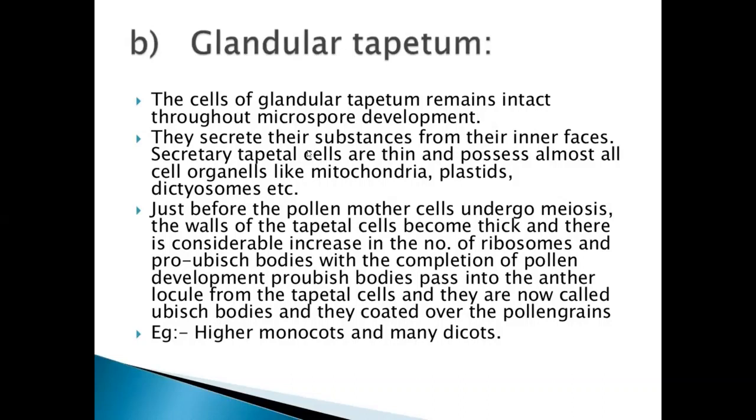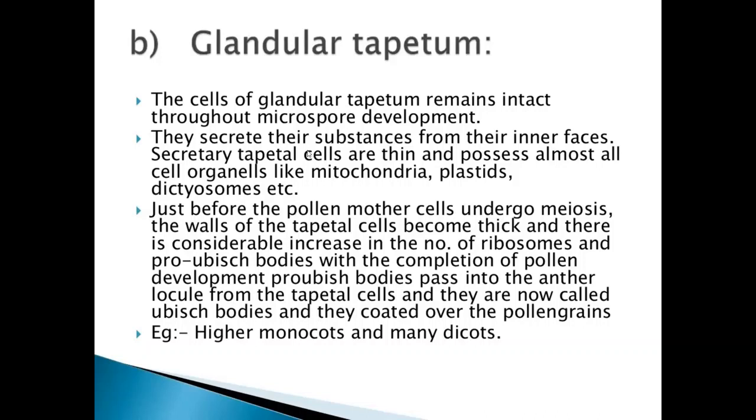In the development of the glandular tapetum, the cells remain intact throughout the microspore development. They secrete their substances from their inner faces. The secretory tapetal cells are thin and possess almost all cell organelles like mitochondria, plastids, and dictyosomes. All are present in these tapetal cells.